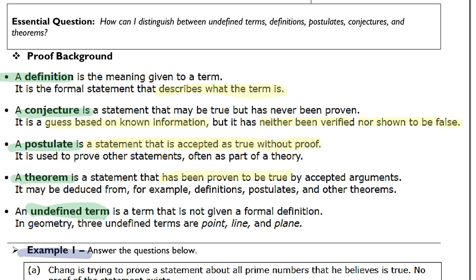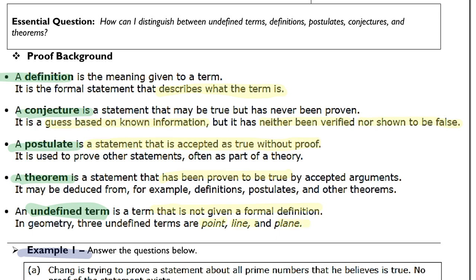It's something that you can deduce with deductive reasoning, using rules, definitions, and other theorems to create it logically. And the last one is undefined. It's a term that is not given a formal definition, like a point, a line, a plane.